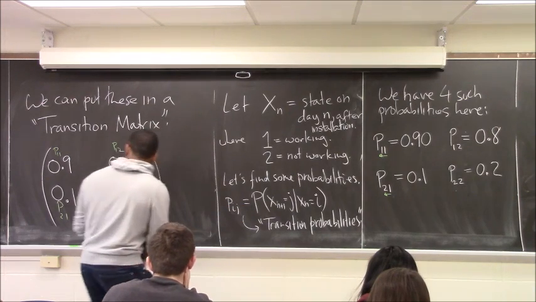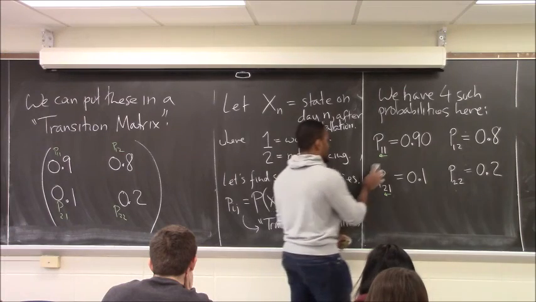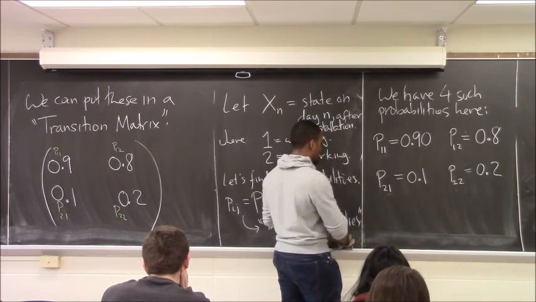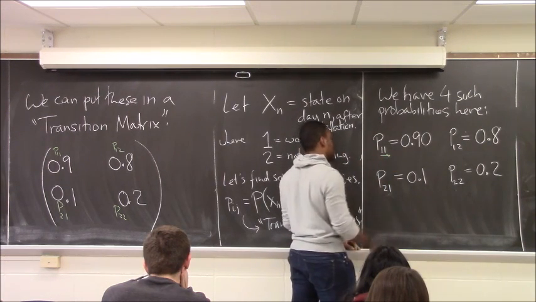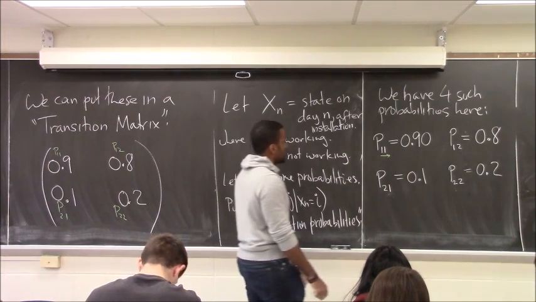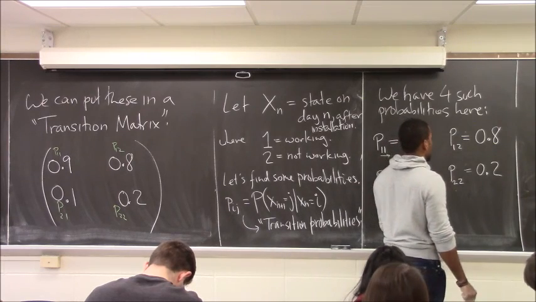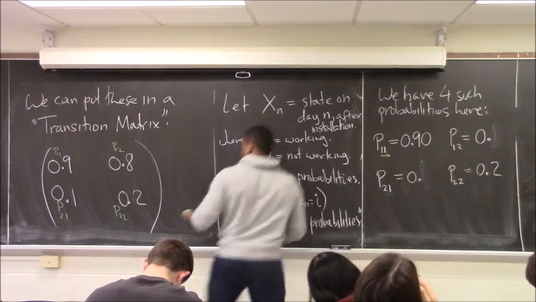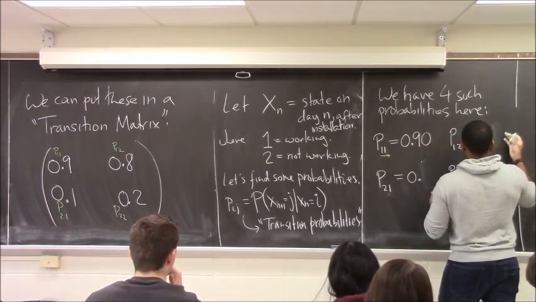It doesn't actually matter, but I want this to coincide with your textbook, so let's put this in the other direction, because I believe your textbook looks at it this way, since people normally read from left to right. So going from state 1 to state 1, that's still 0.9. State 1 to state 2, put the 0.1 here, and put the 0.8 here. It'll work either way, but your textbook does it this way.